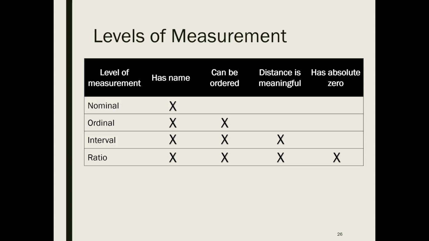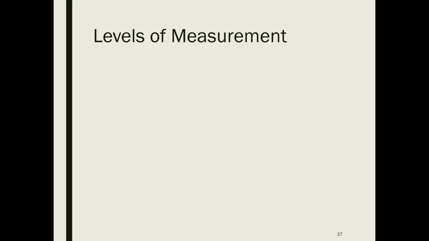Now, if the distance between 2 points in this variable is meaningful, then it goes to interval. And if it has a true 0 or absolute 0, it becomes the ratio. It's like one step up, something like that. At this moment, you may be a little confused about what distance is meaningful and what absolute 0 means, so we will show you some examples in a few slides.